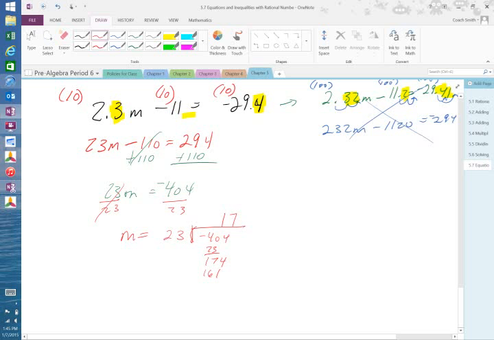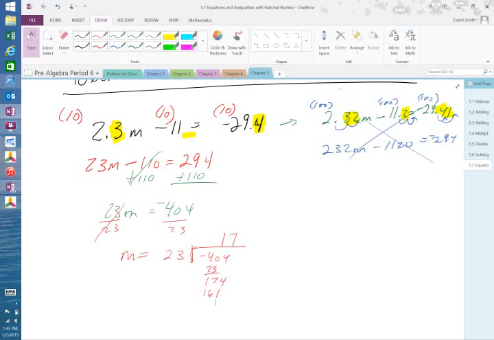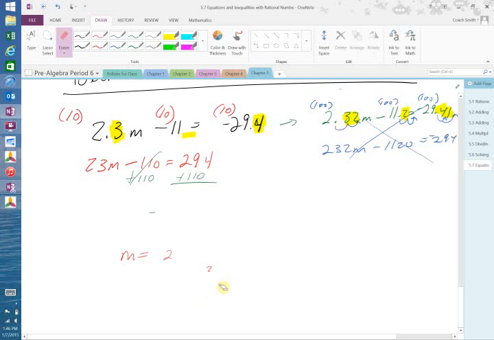Okay, let me make sure. Oh, that's why. Hang on here. Back up. It's not 404. Because I forgot my negative sign right there when I transferred it down.